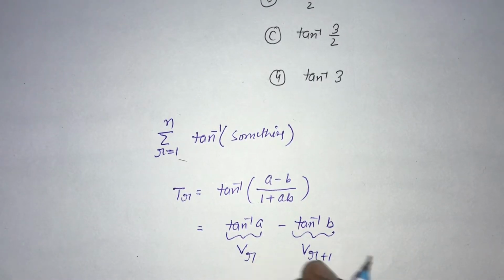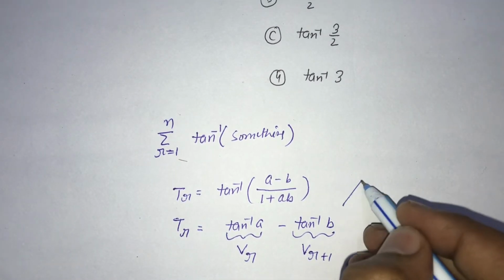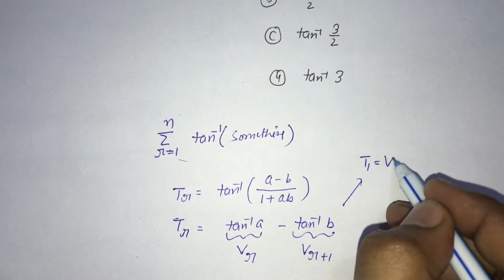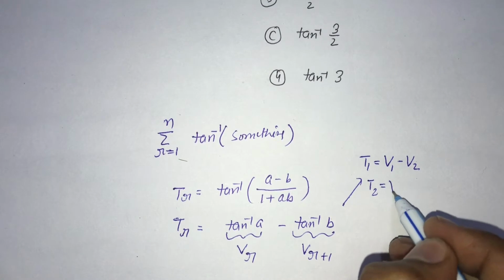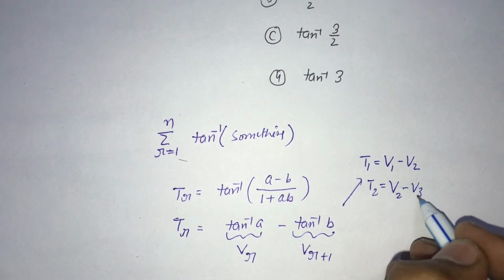So if you are able to write in the form tan inverse a minus tan inverse b, then you can simply find t1 as v1 minus v2, t2 as v2 minus v3.